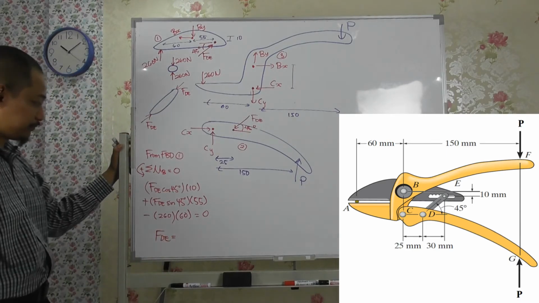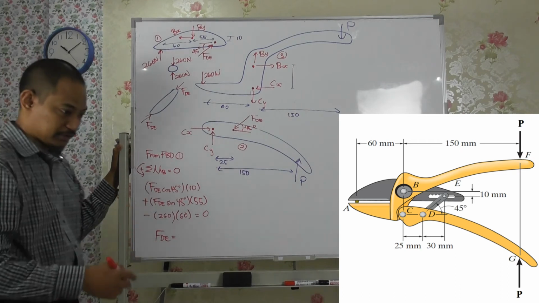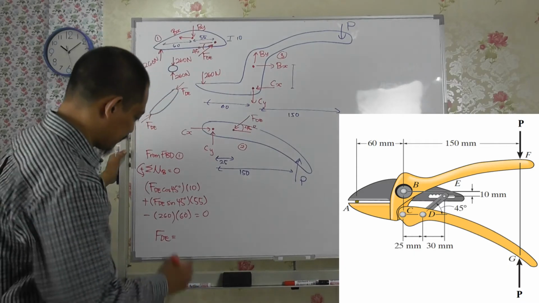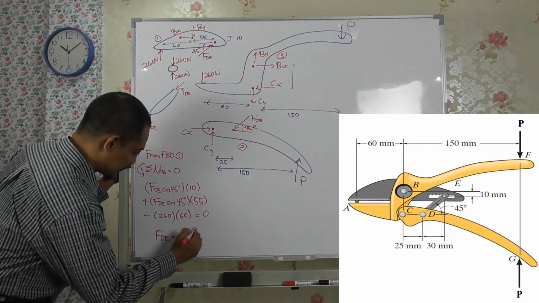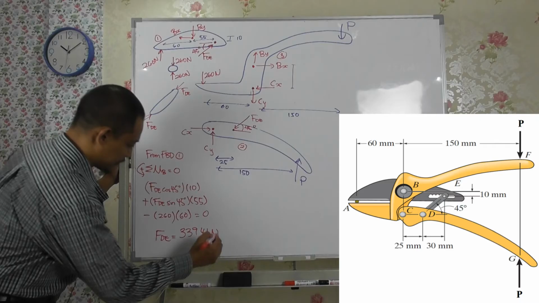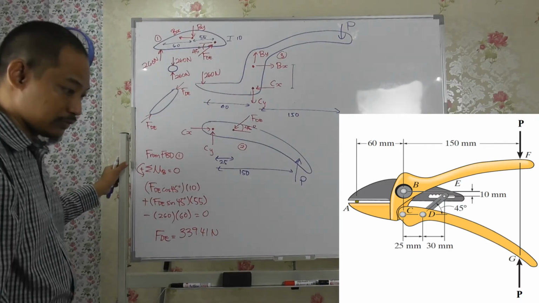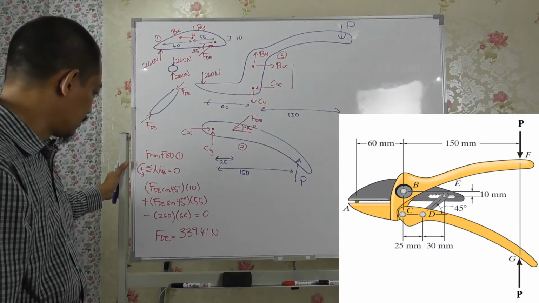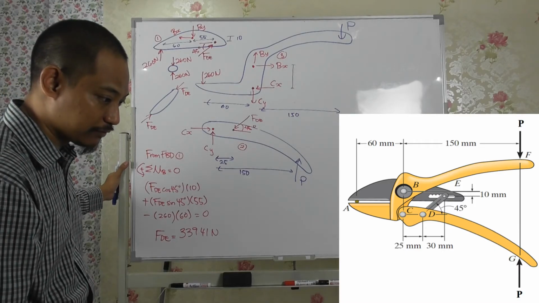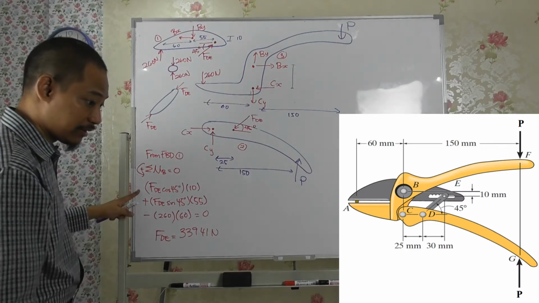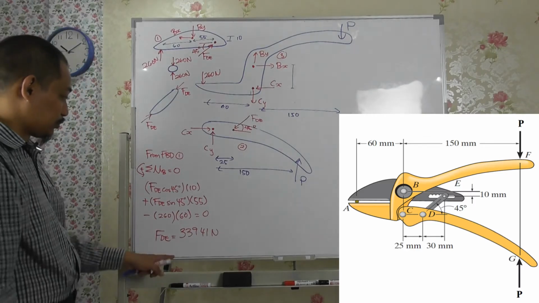It equals, if the calculation is correct, 339.41 Newton, right? So sine 45 times 55, cos 45 times 10, okay, and then this one times 60.